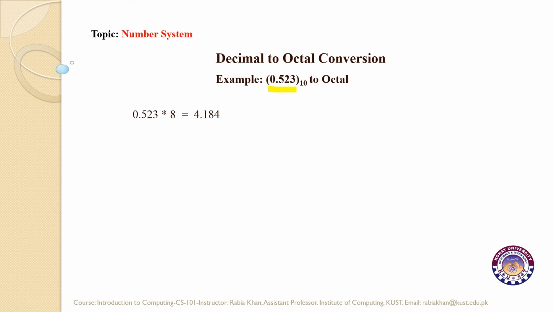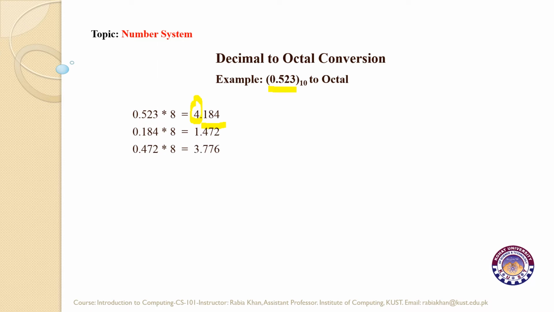So 0.523 is multiplied by 8, and the result is 4.184. This 4 is the carry which we note down, and multiply this fractional part again with 8. So 0.184 is again multiplied by 8, and the result is 1.472.